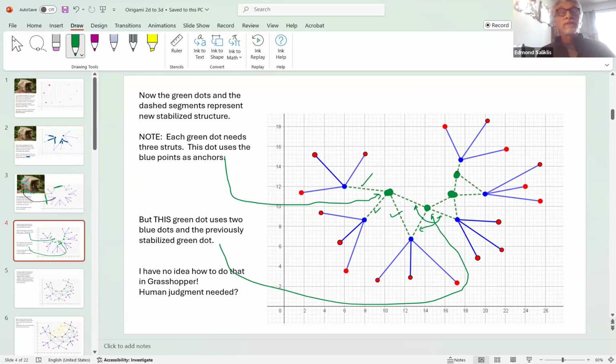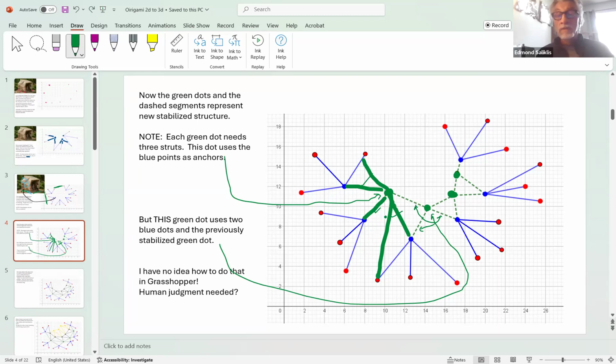You have lots of choices here. You could connect it to the blue with three, or you could connect it to the red if you want. That's okay too. The red is stable. The blue is stable now. You could do whatever you want, but you must have three struts per node.